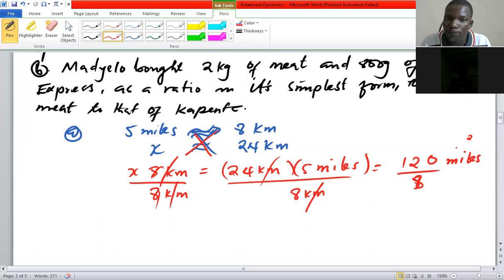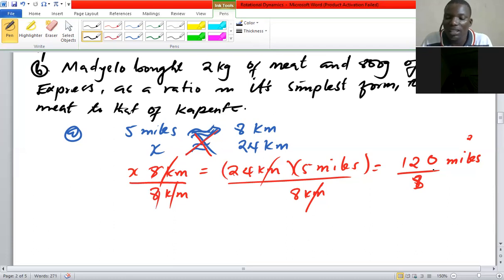Clear? So if you have that, you can as well reduce this fraction. You pick the lowest number that can go into both the denominator and numerator without leaving a remainder.